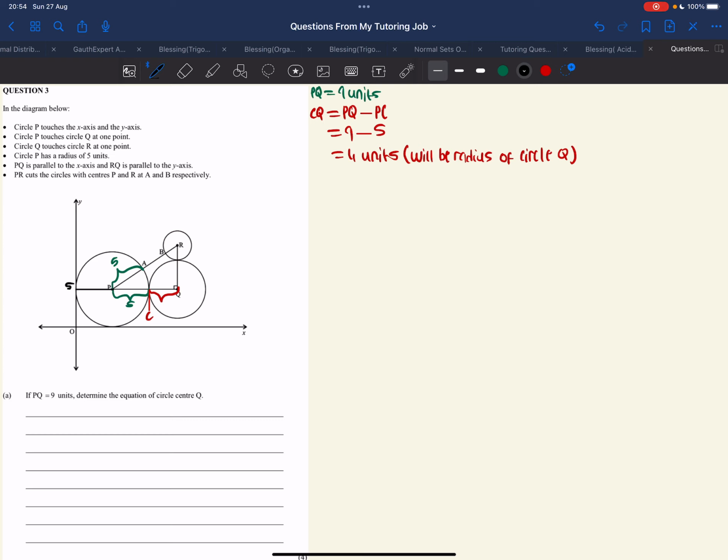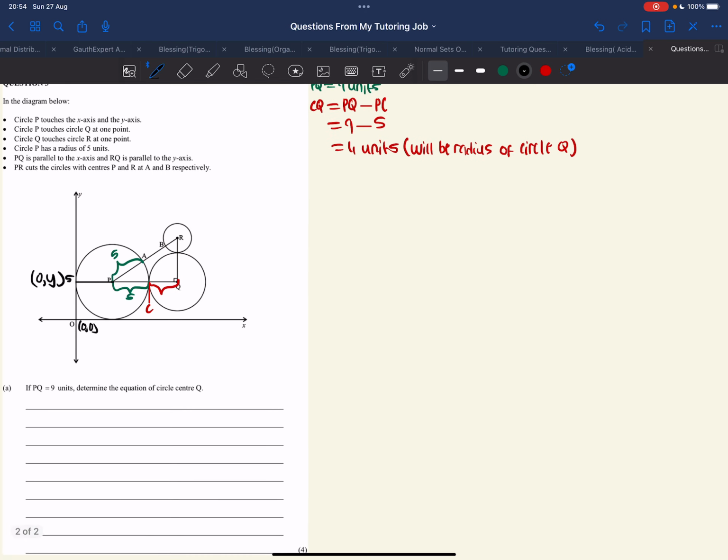Now remember the coordinate of O will be 0, 0. The coordinate for S will be 0, y, because it goes up until it touches the y-axis.